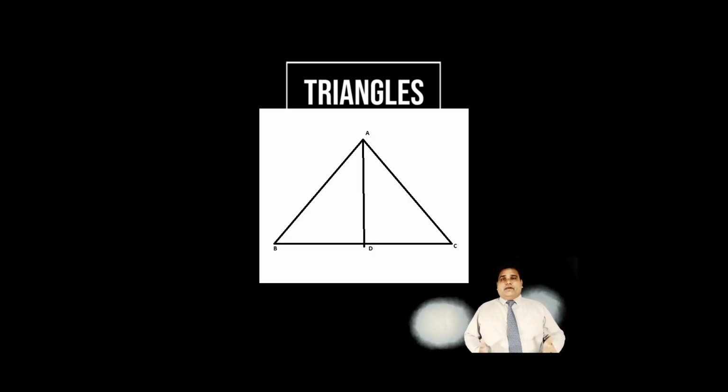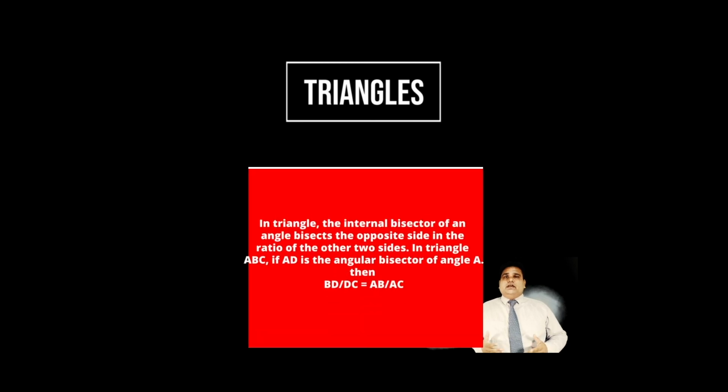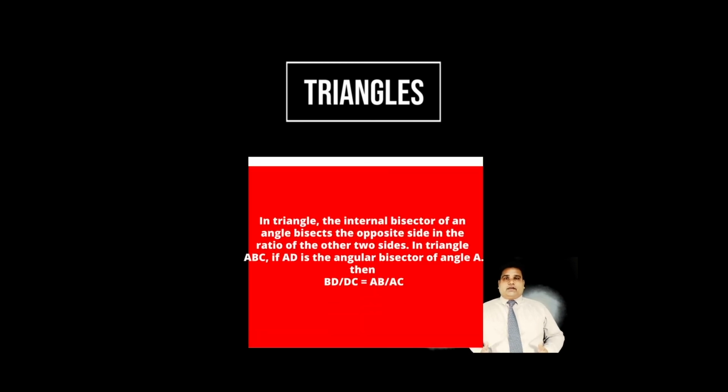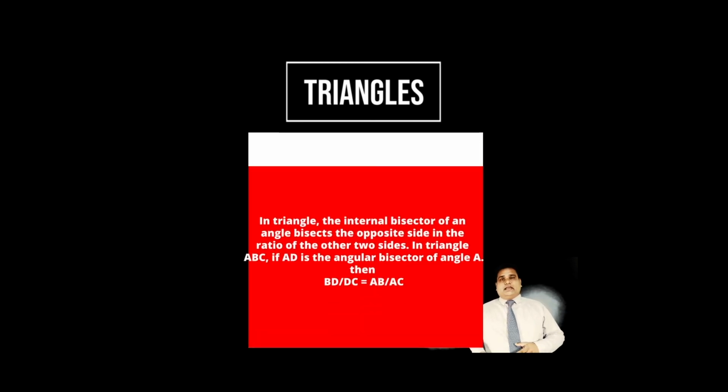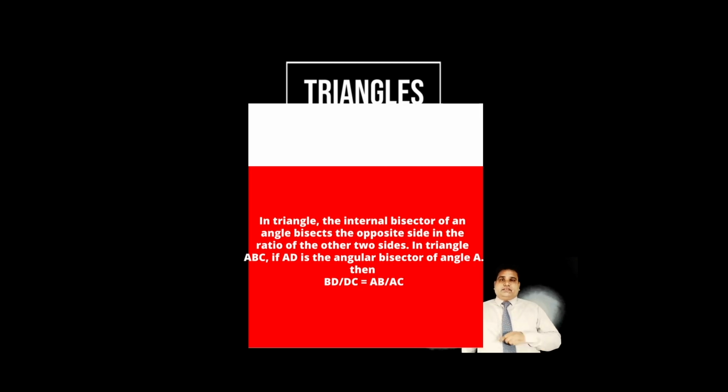This is a very simple concept. Triangle ABC is given and you are taking any angle bisector. Here we are taking the bisector of angle A, which divides angle A into two equal parts.